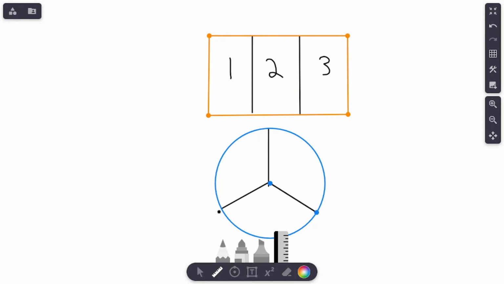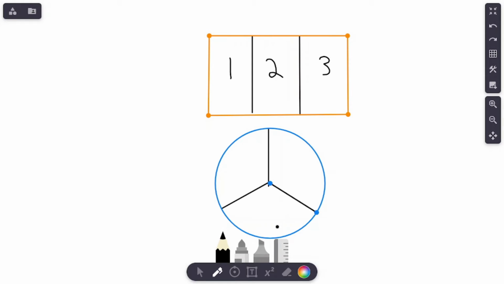Now looking at the circle, how many sections do you see? Three sections. One section, two sections, three sections. Notice they are all equal sizes. That is going to be really important to understand. When we talk about fractions, we're going to be talking about equal sizes.